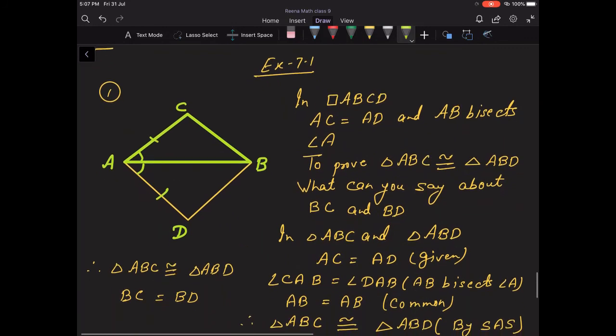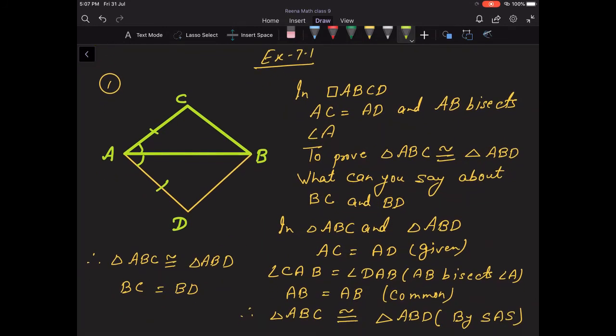Now students, I am going to discuss a question of exercise 7.1, which is question number 1, just to tell you how we can apply congruency conditions of triangles in any question. So here this diagram is given to you, in which a quadrilateral ABCD is made. You can see the quadrilateral ABCD is divided into two triangles because of the diagonal AB.